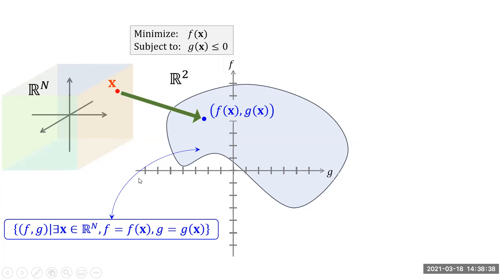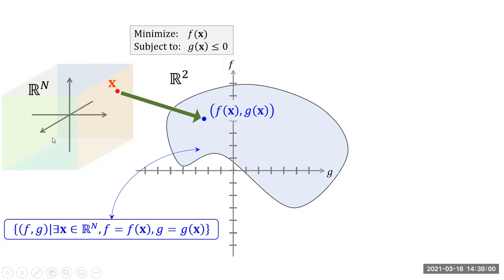This plane here, this is g and this is f. This is the objective function, and we are trying to minimize. So we want to get values of f as low as possible. And we have the constraint g of x less than 0.